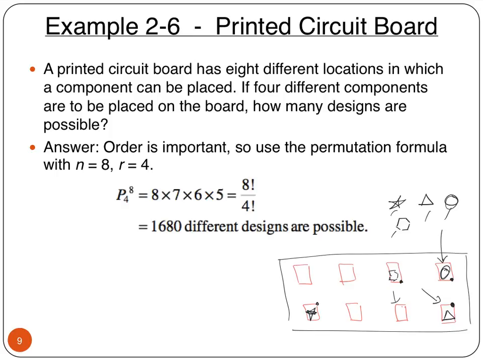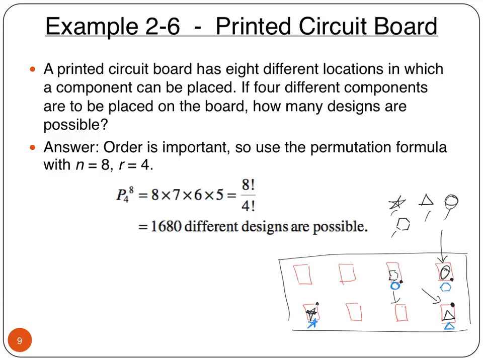So for example, I can decide to put the hexagon here, and the circle here, and the triangle here, and the star here. This blue arrangement is different from the black arrangement that we see, even though I've placed all the 4 components in exactly the same 4 places on the printed circuit board. In addition, if I choose other locations, that's also different.